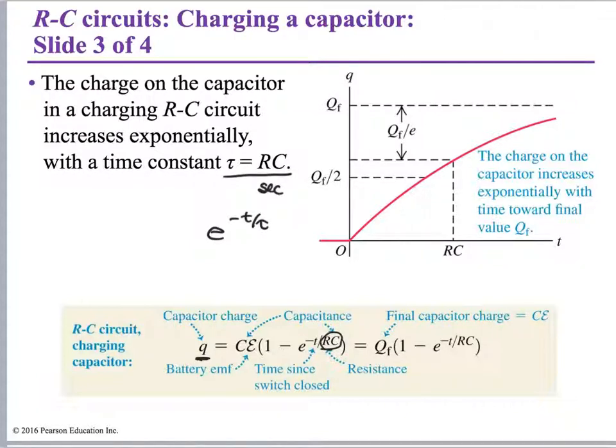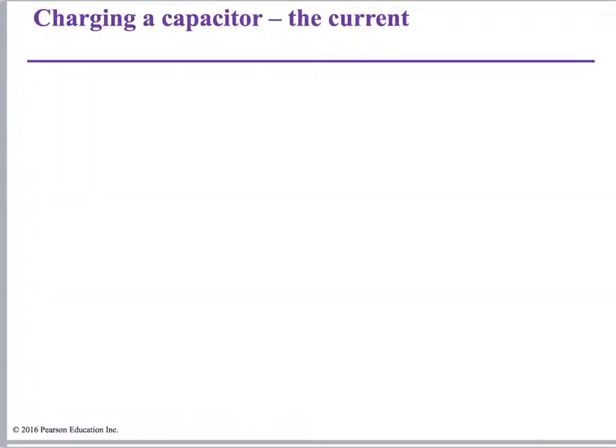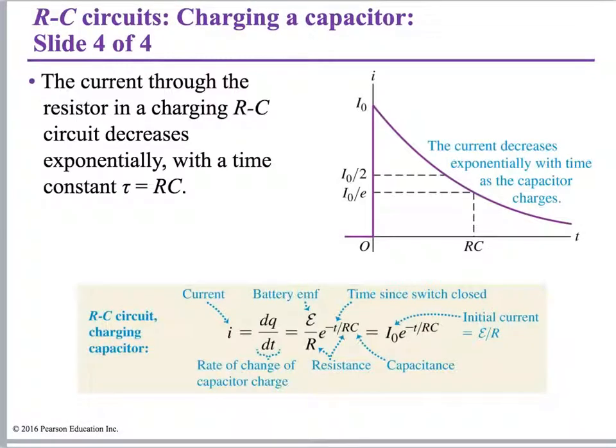It gives you an idea of how quickly things will change. We also did the current, and we found the current also has that time constant in it. It begins at some maximum value and then decreases exponentially over time. So that's for charging the capacitor.